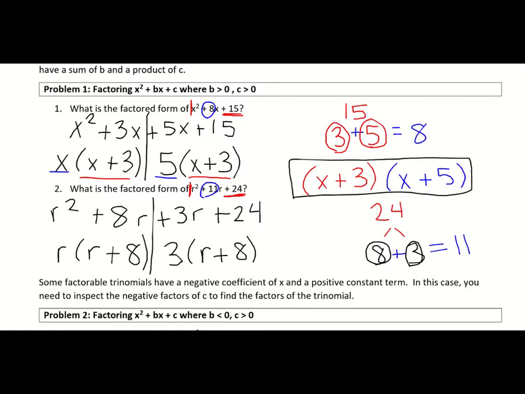Again, the whole point of factoring this way is to make sure those insides match. If they match, that becomes my first binomial, r plus 8.